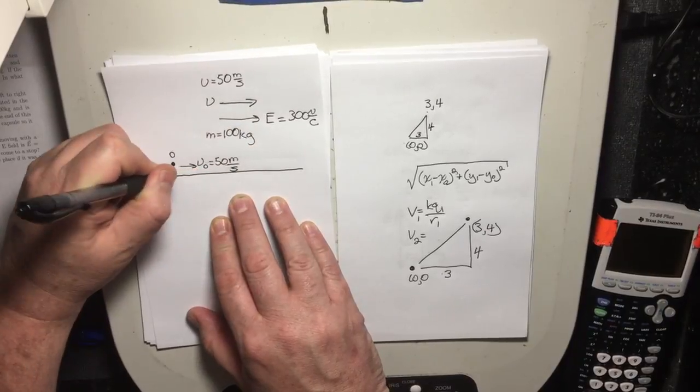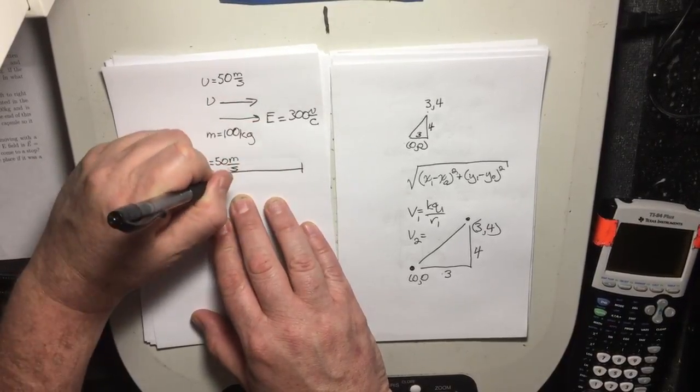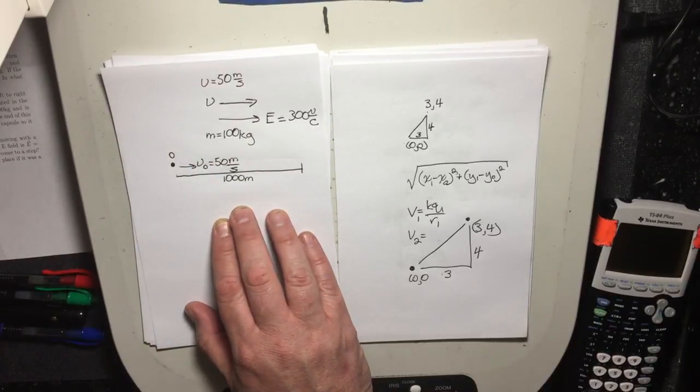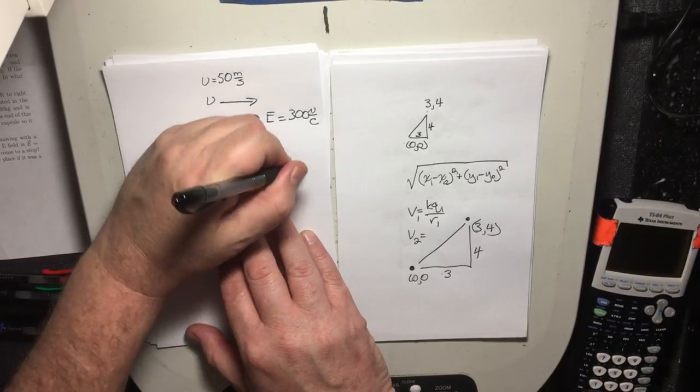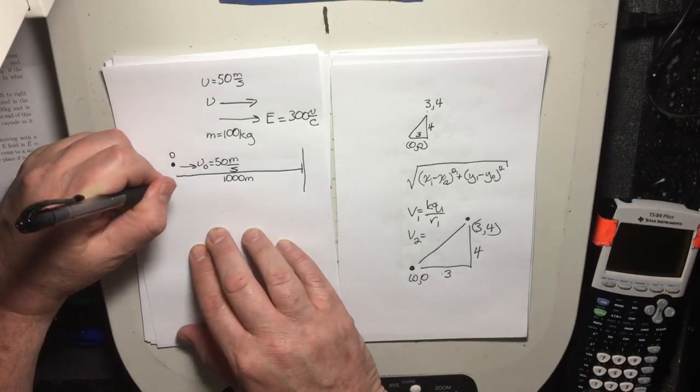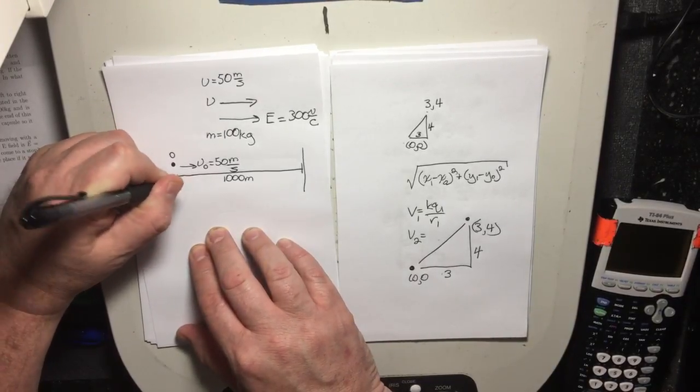From beginning to end is 1,000 meters. At the end of this region is the wall of puppy death. What is the charge on the capsule so it reaches a complete stop at the wall? Please save the puppies. So we have to get the Q.